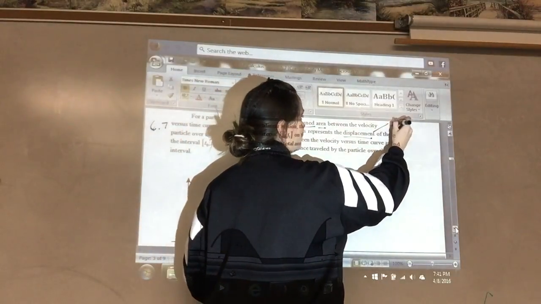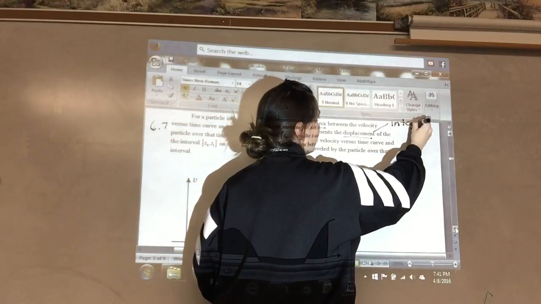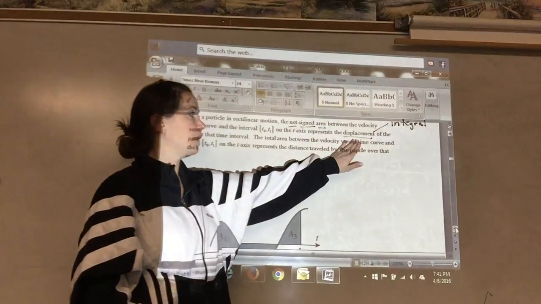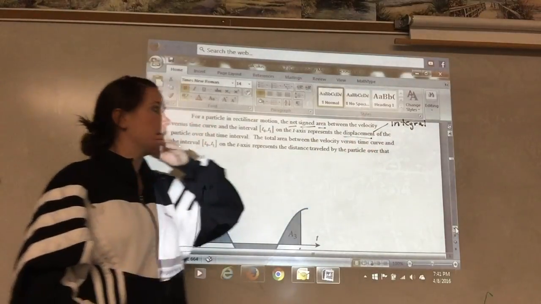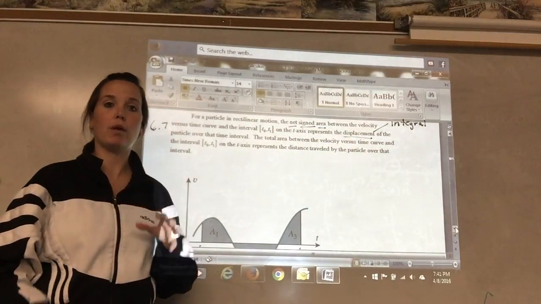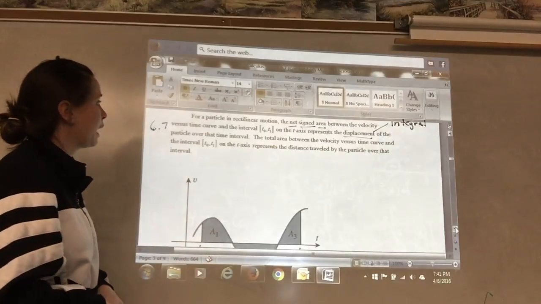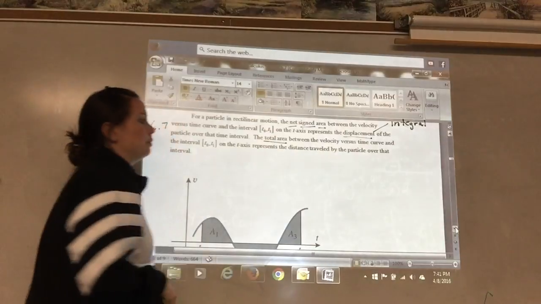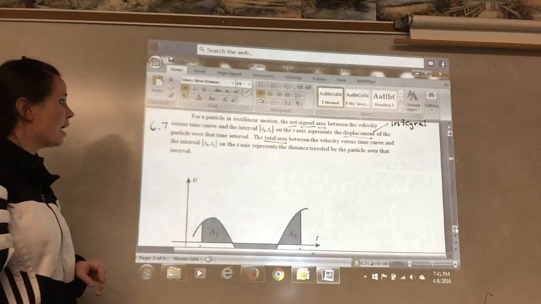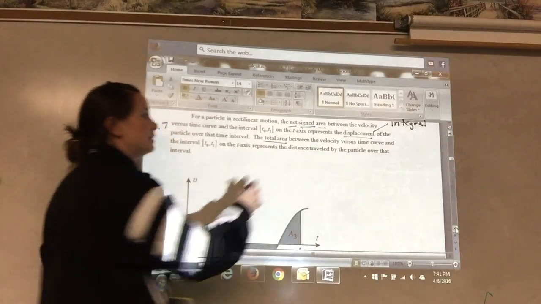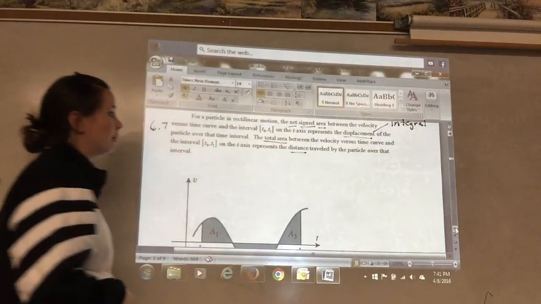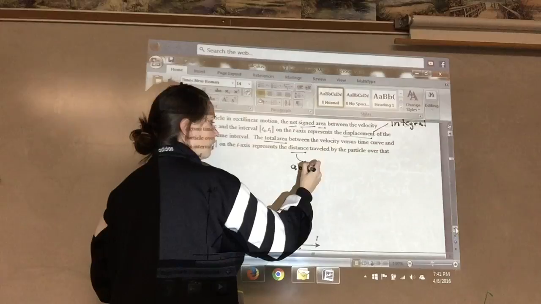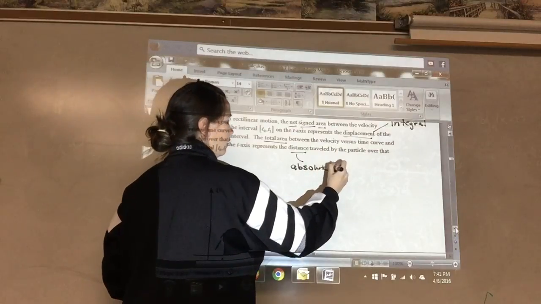That's just the plain old integral. So the net signed area is the displacement. You just go through and do it without worrying about separating. The total area between the velocity versus time curve represents the distance traveled by the particle over that interval. And this, again, remind yourself, absolute value.